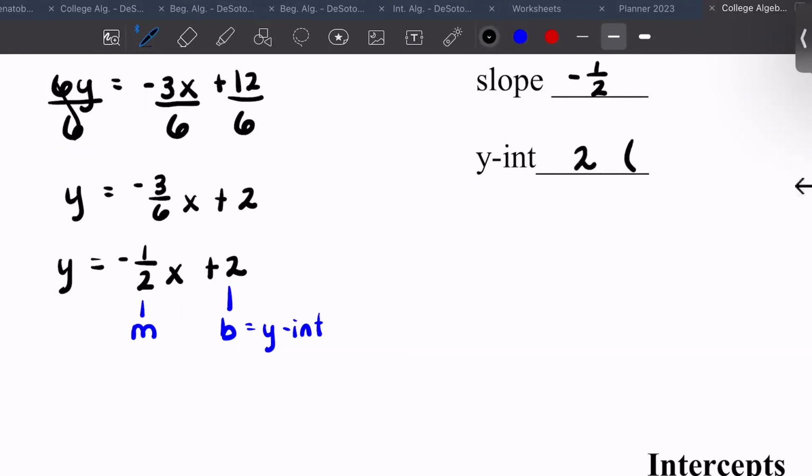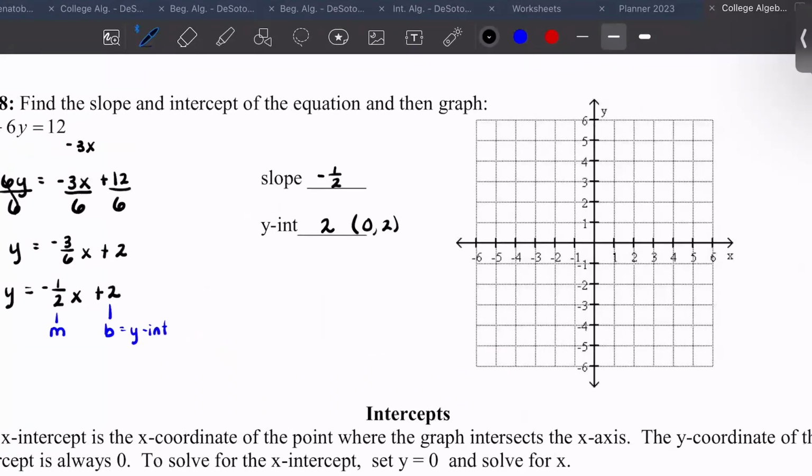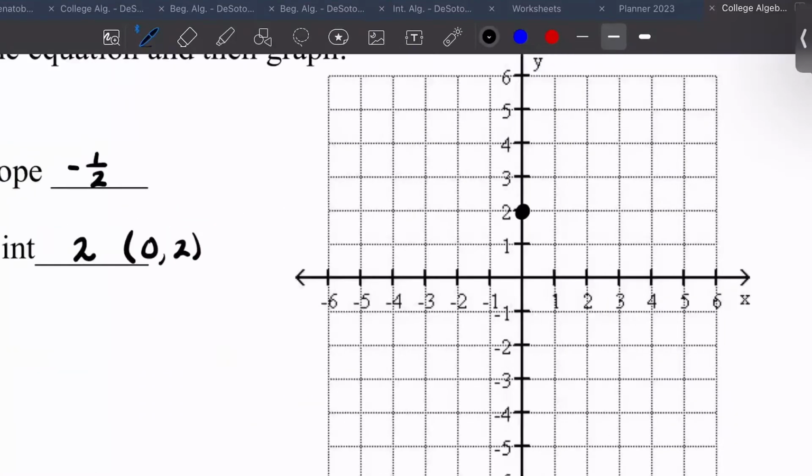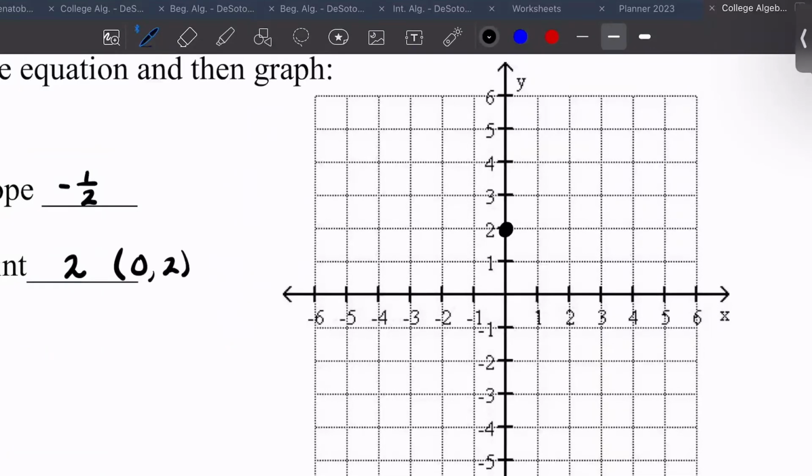Okay, so we're going to plot (0, 2) here. And then we have a -1/2 slope, so we need to rise and run -1/2. You can either make a positive move and then a negative move, or a negative move and then a positive move.